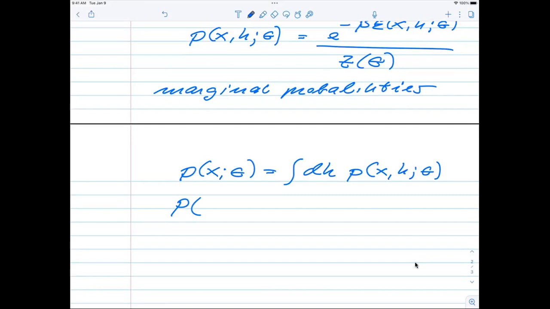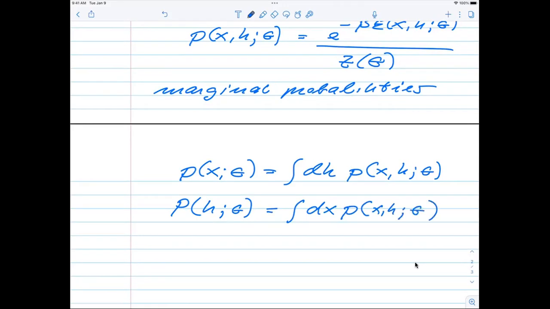for quantum mechanical systems. We will also need this one, because when we are going to look at how the hidden layer behaves, we need a probability of the hidden layer as a function of this hidden variable h. And this is going to be given as an integral over dx of p of x and h. So this is a new integral.